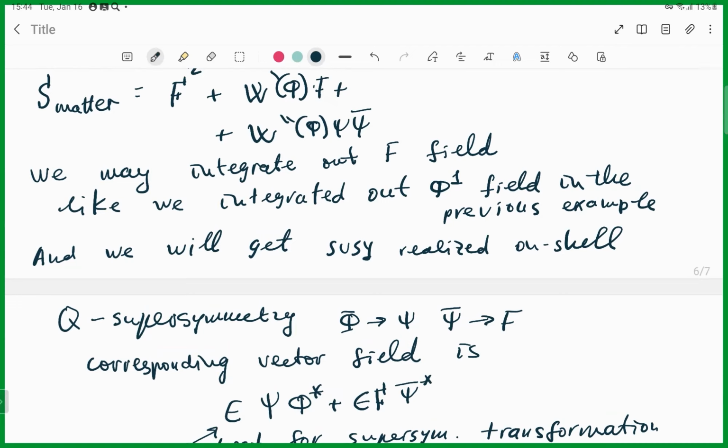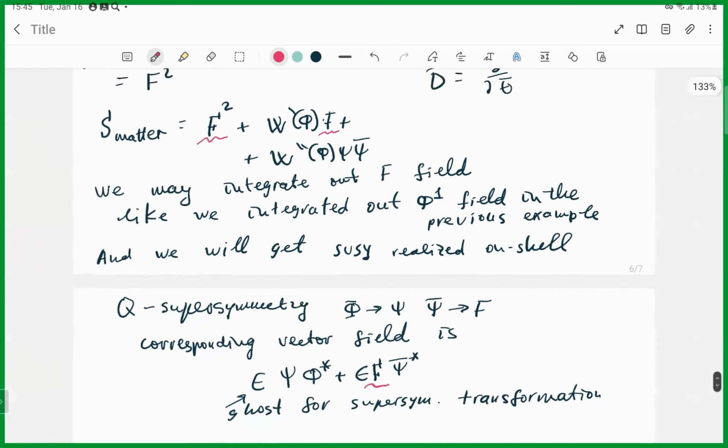So interestingly enough, when we integrate f terms out, we will have exactly the same phenomena that we observed in the case of the system with rotation. And this is how on shell.